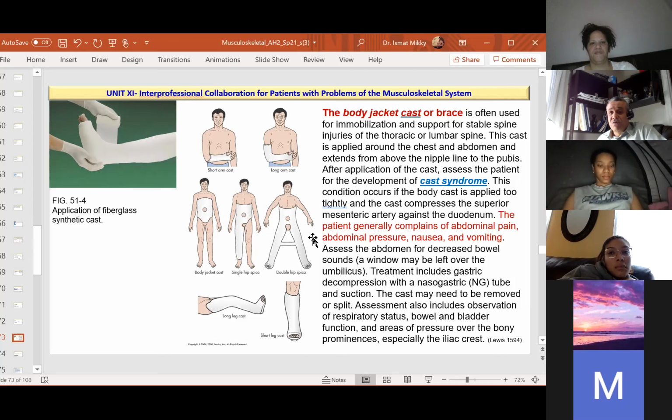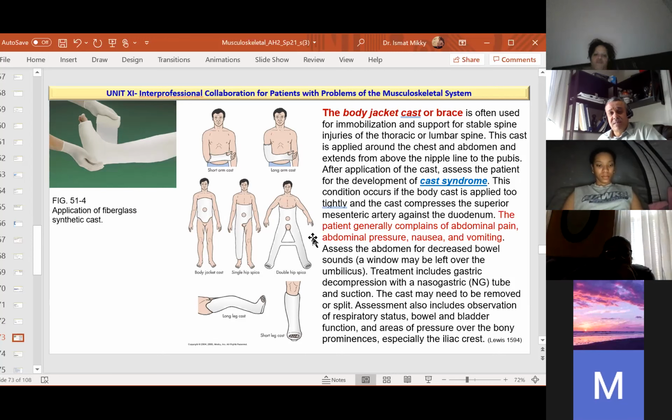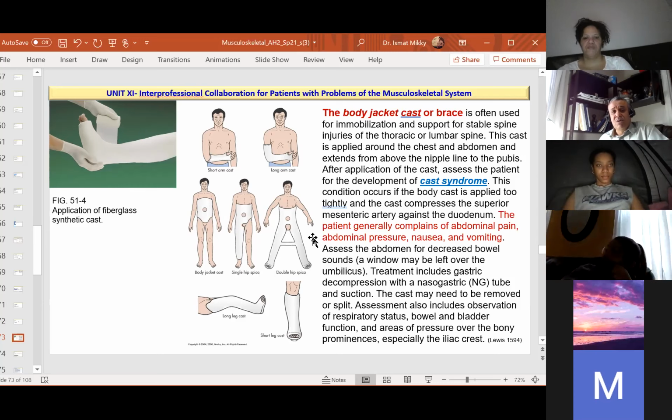The cast either has to be removed or replaced, or sometimes we can do a split so we can relieve the pressure, because that obviously results from the pressure on the abdomen. That's called cast syndrome.